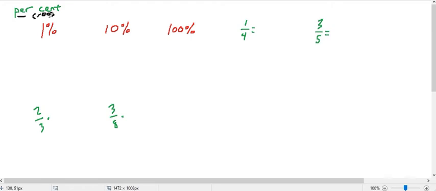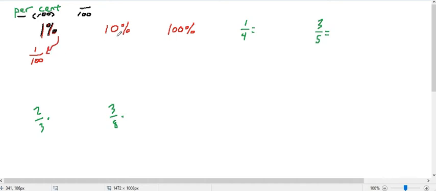So when I say percent, I'm really saying per 100. So you can even read per 100 in place of the percent sign to get what you need. I say 1 per 100. That's the fraction version.